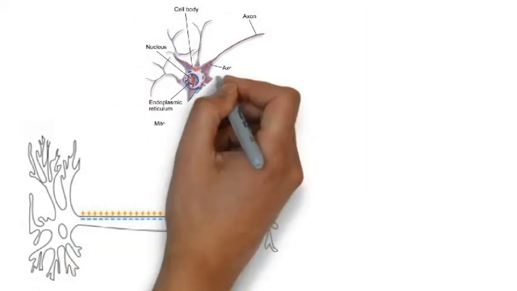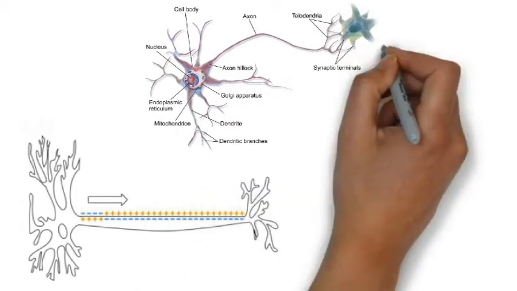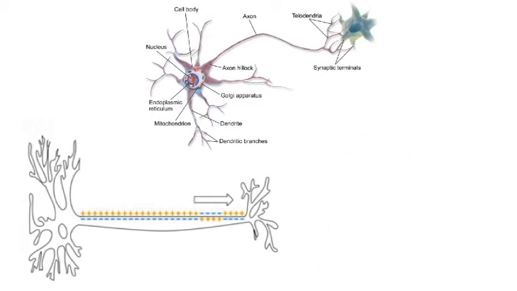The signal jumps from node to node in between the myelin wrappings. The all or none electrical signal propagated along axons is known as the action potential.